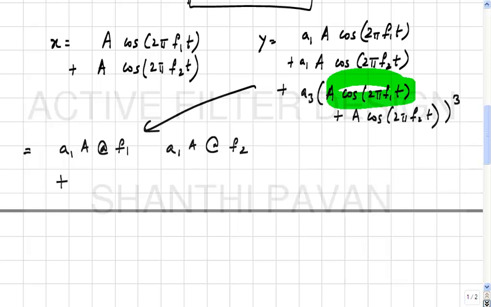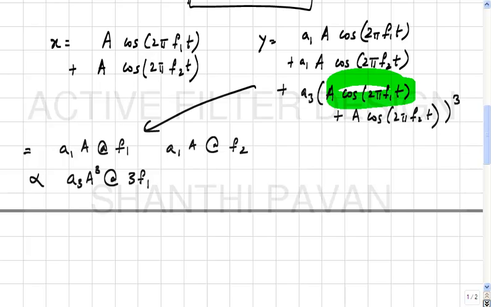So, you will get something proportional to A3 A cube, because A cos 2 pi f1 t whole cube will be A cube, and it will also be multiplied by A3. So, A3 A cube at 3 F1, and also a small component at the fundamental at F1, which we can neglect because A3 is supposed to be very small compared to A1.